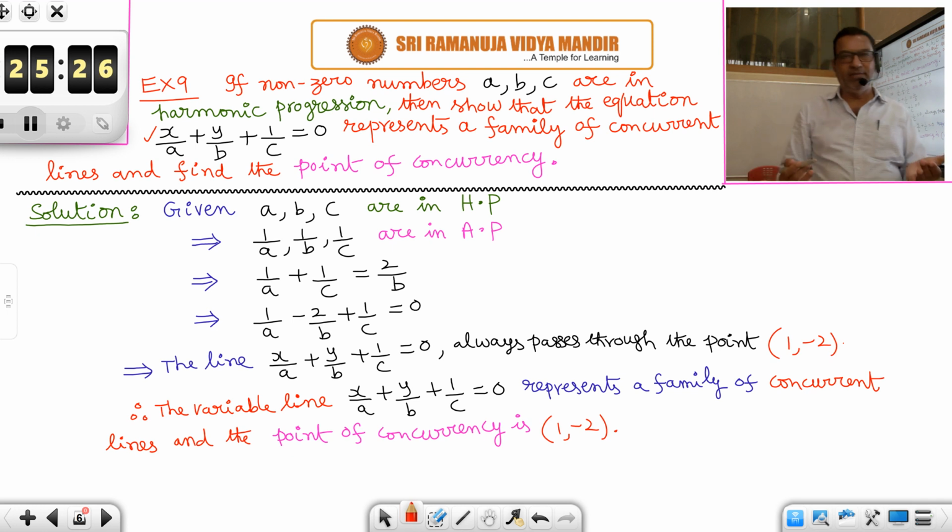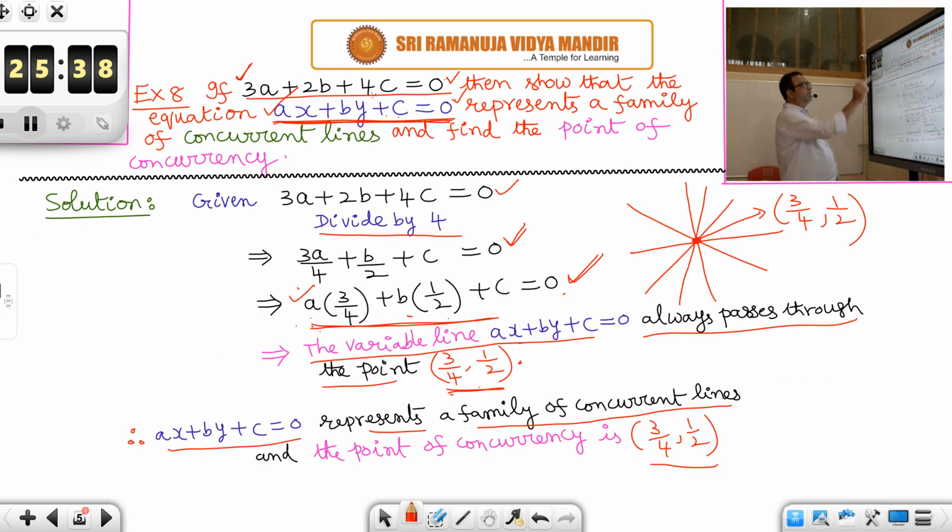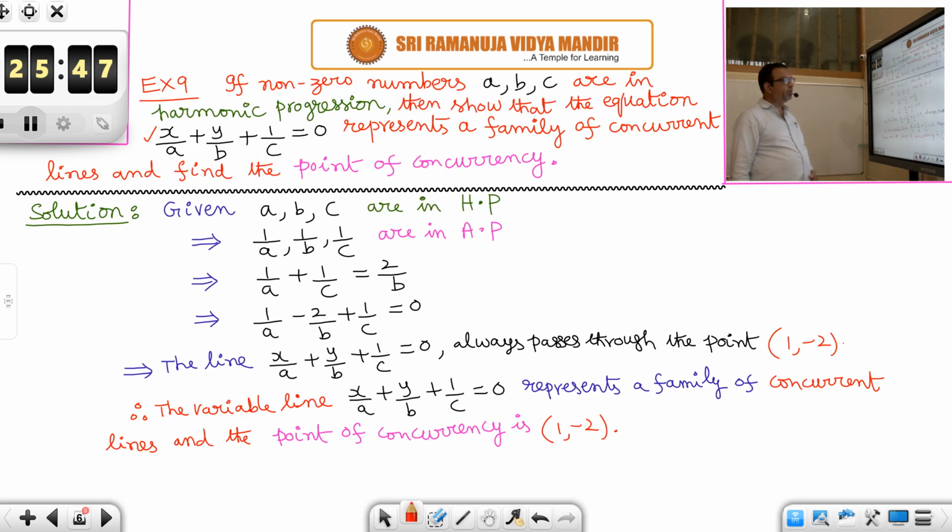It is just similar to the previous one, but here the condition is A, B, C are in harmonic progression. In the previous question, let us go back, what is the condition? 3A plus 2B plus 4C is equal to 0 is the condition. But here in this question the condition is A, B, C are in HP. So let us start there and find the condition.